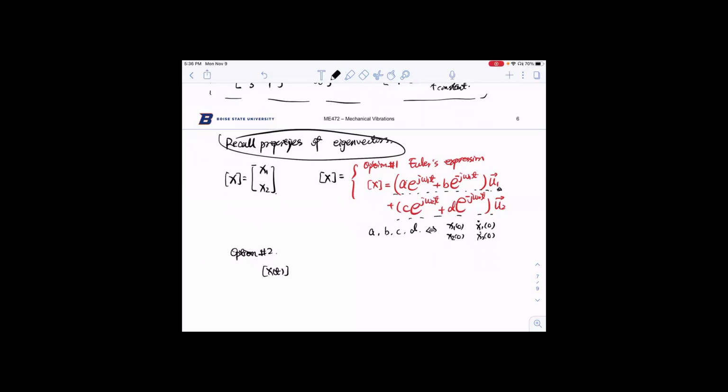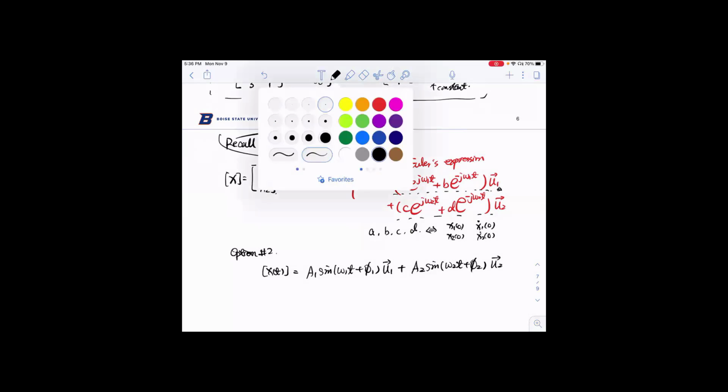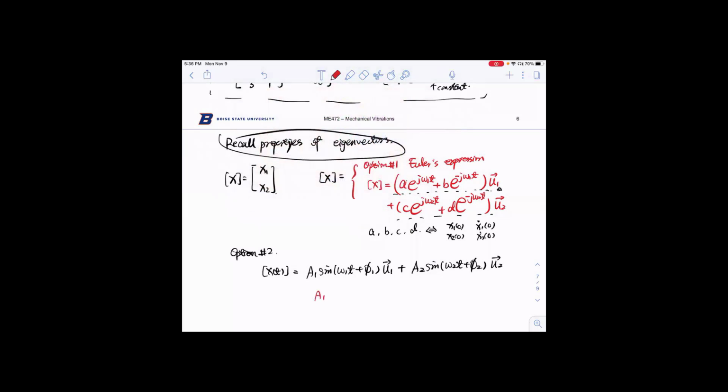Your x(t) would equal A1 sin(ω1t + φ1) U1 plus A2 sin(ω2t + φ2) U2. In this case, the unknowns are A1, φ1, A2, φ2. Again, you can find them from the 4 equations related to your initial conditions.